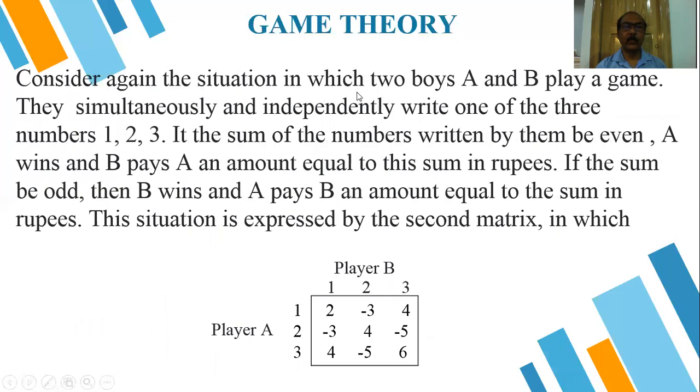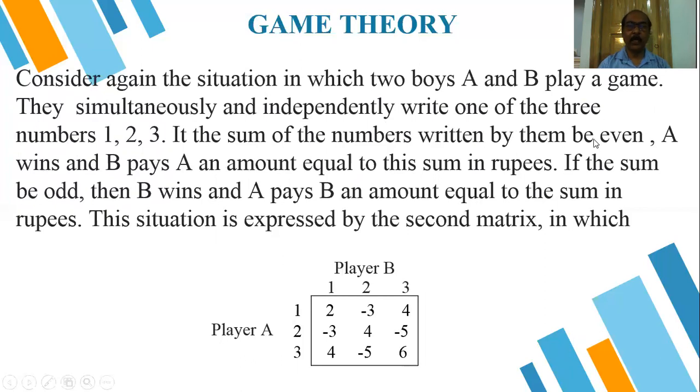Consider again the situation in which two boys, A and B, are playing a game. They simultaneously and independently write one of the 3 numbers. That means there are 3 numbers, and from those they can select any one, and we find the sum of the 2 numbers.